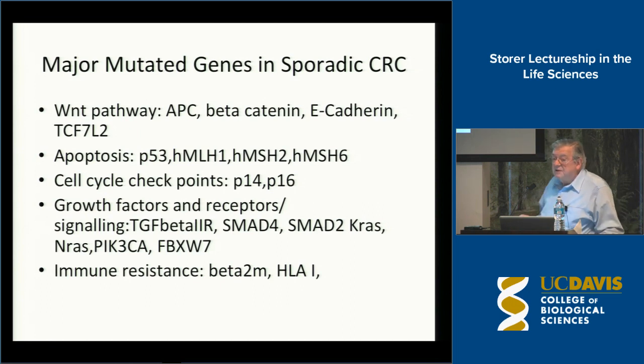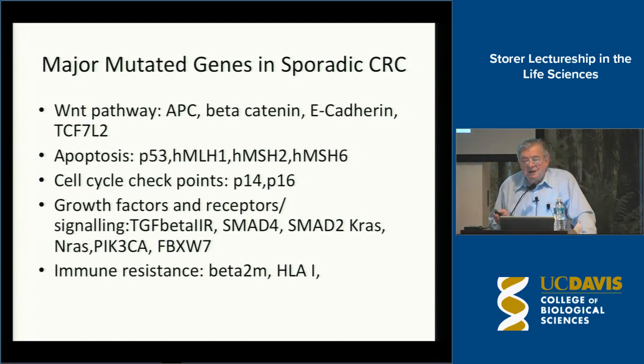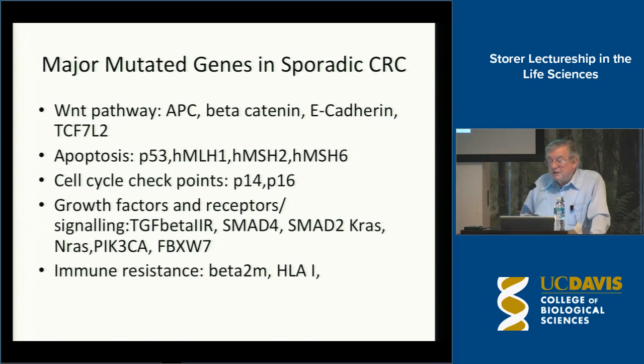Very important series of mutations in growth factors and their receptors. And then I put this at the end because that was my favorite study for a long time. You get quite specific mutations in the HLA class 1 genes that seem to be protecting the cancers from immune attack at the cellular level, which is what happens when you remove class 1 expression.